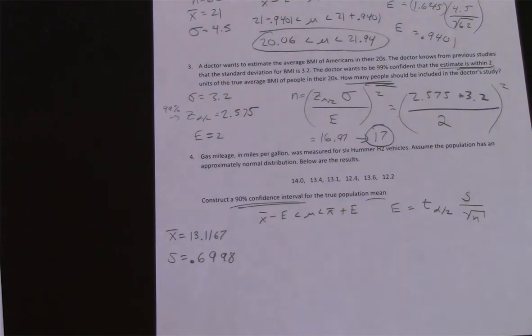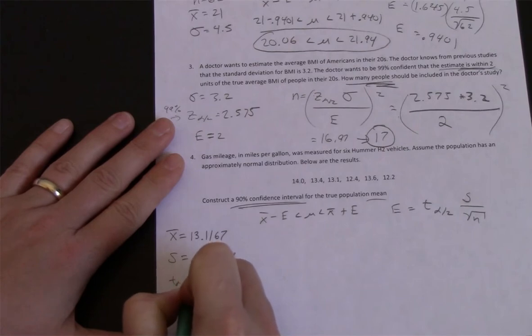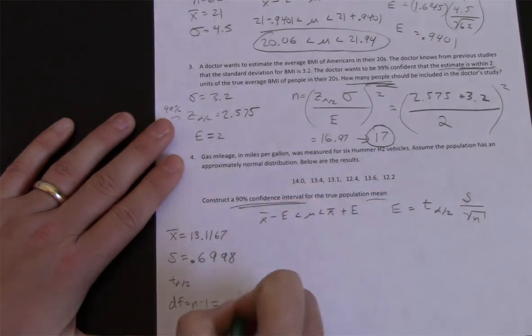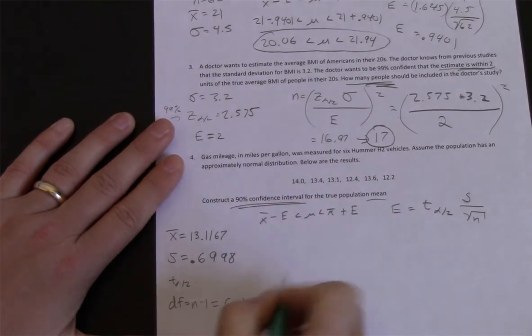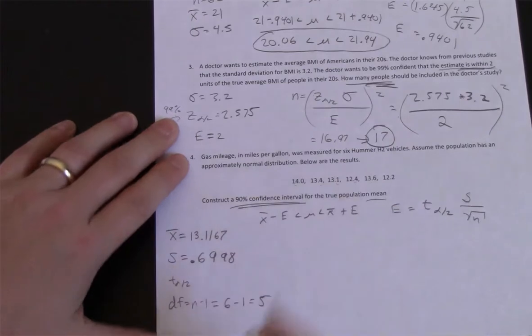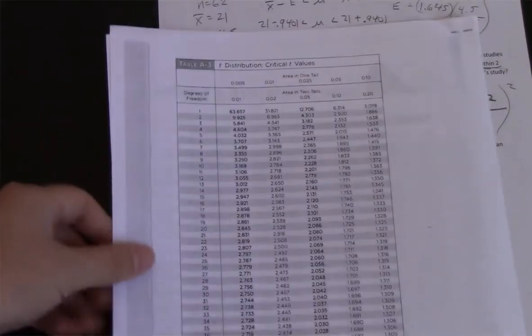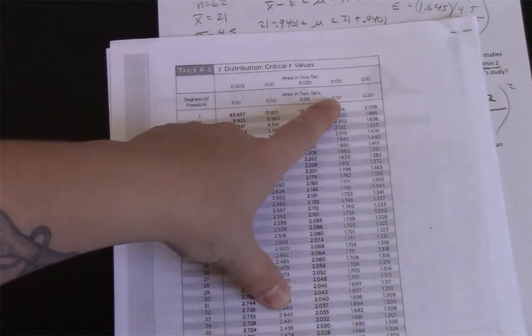Alright, so now I need T alpha divided by 2. Before I can find the T, I need to figure out what my DF is. Remember, DF is n minus 1. In this case it would be 6 minus 1, which is 5. 1, 2, 3, 4, 5, 6. Now, what percentage confidence interval? It's 90%, which means that the area in both the tails will be 0.1.